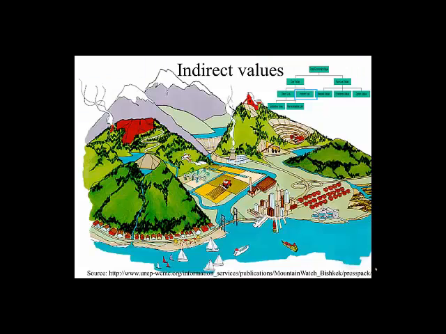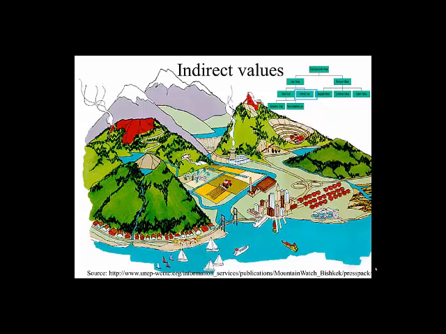On the other side of the use value graph is indirect use. So this talks about uses that are not direct. So think about this watershed, this forest system at the top. It provides water that is then generating all sorts of indirect uses.